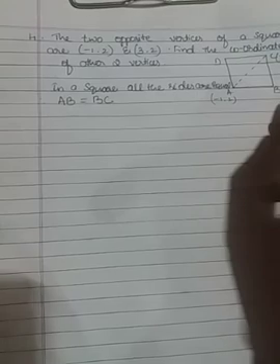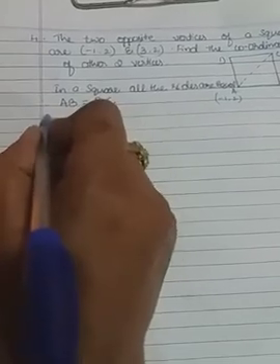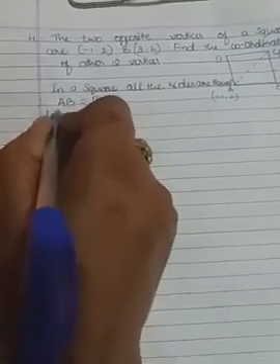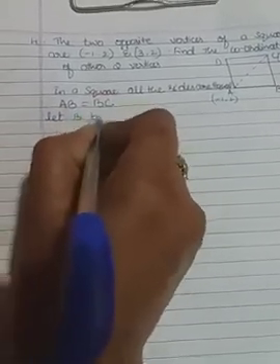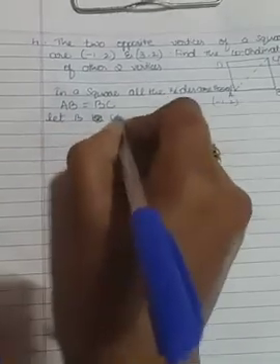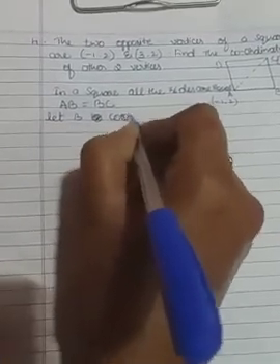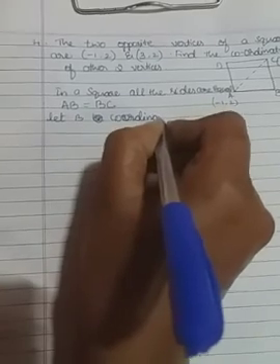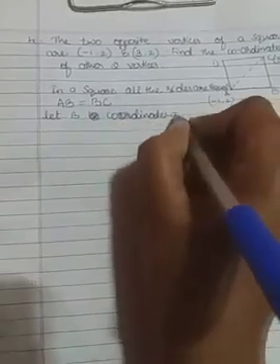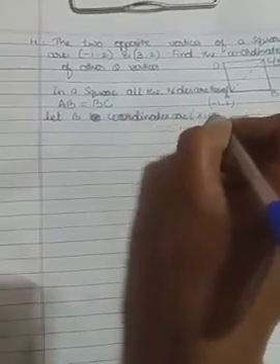Let's take B as x and y. We don't know B's coordinates, so let us take them as x comma y.